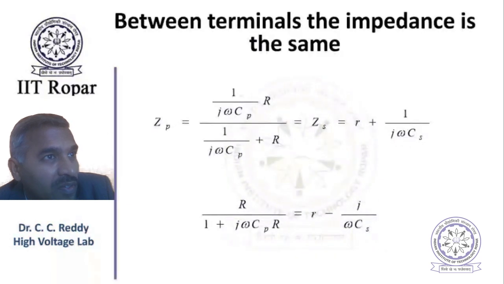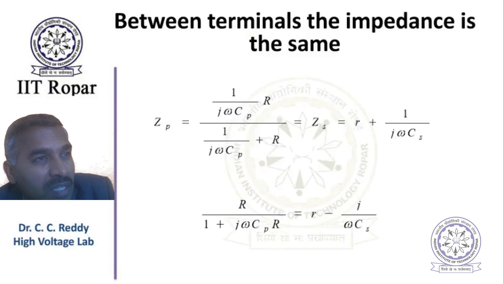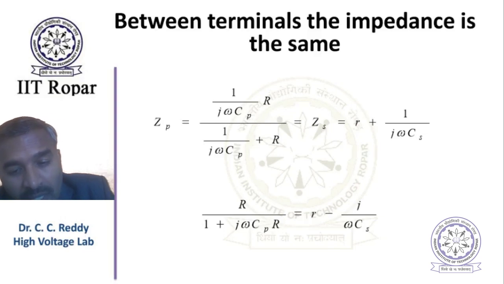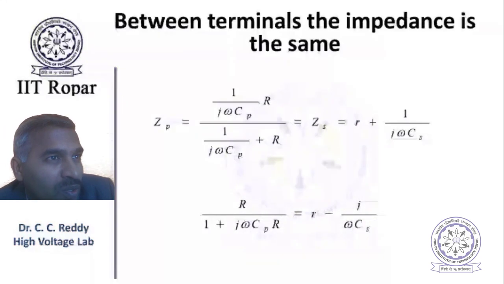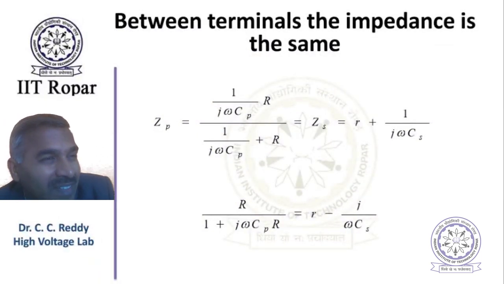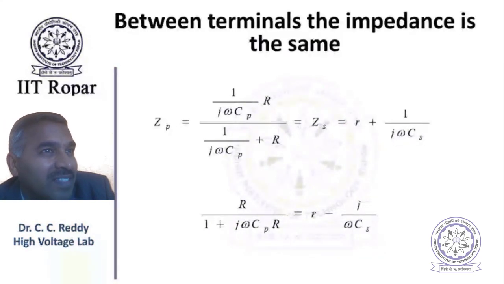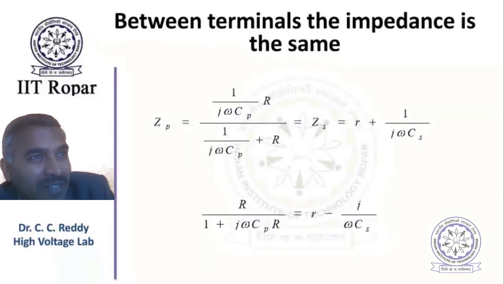Series combination good for the DC case? Sir, if tan delta is directly proportional to frequency, and frequency is 0, then tan delta is 0 and we get a perfect dielectric. No, actually, tan delta is not defined for DC.